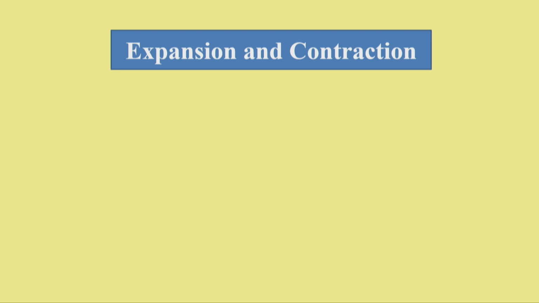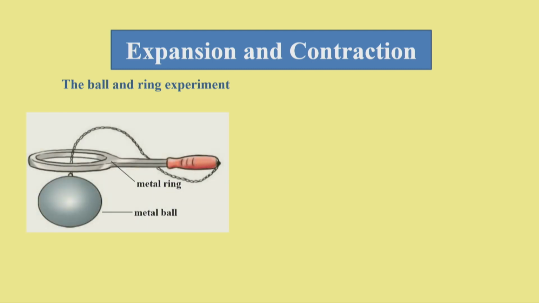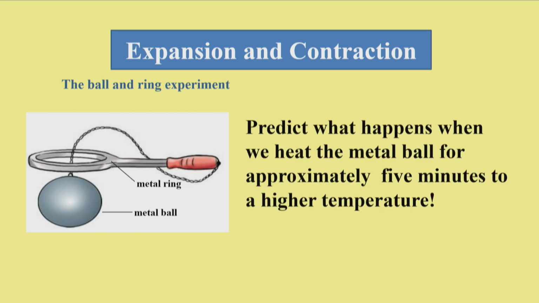Let's carry out a little experiment. This experiment is called the ball and ring experiment. Predict what happens when we heat the metal ball for approximately 5 minutes to a high temperature.